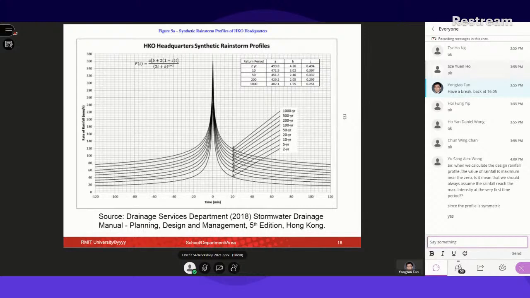So normally we assume that the maximum is not at zero. We assume the maximum is at the middle of the rainfall. I think it is based on the Gumbel distribution.